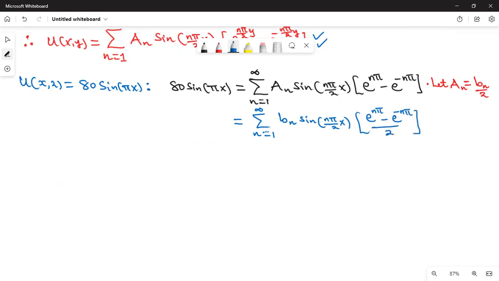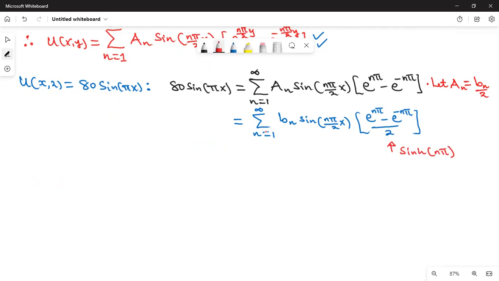Now, what do you think this is? Whatever we have in the bracket is the same as hyperbolic sine of n pi.